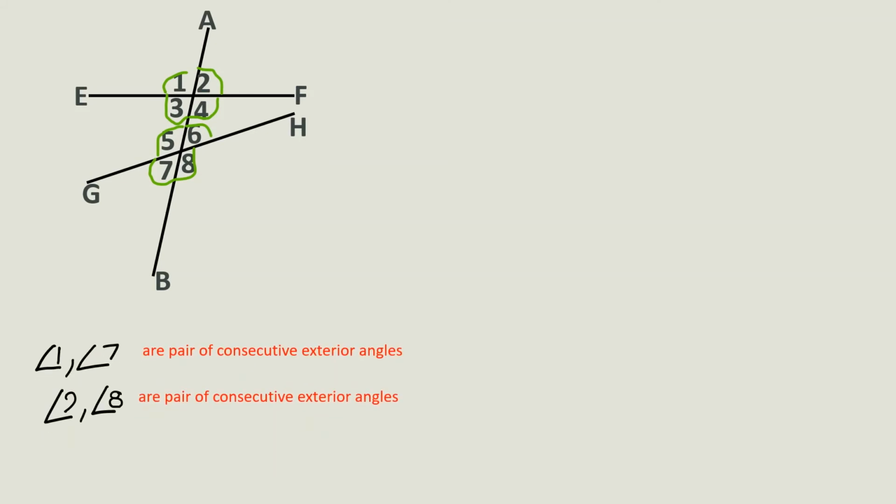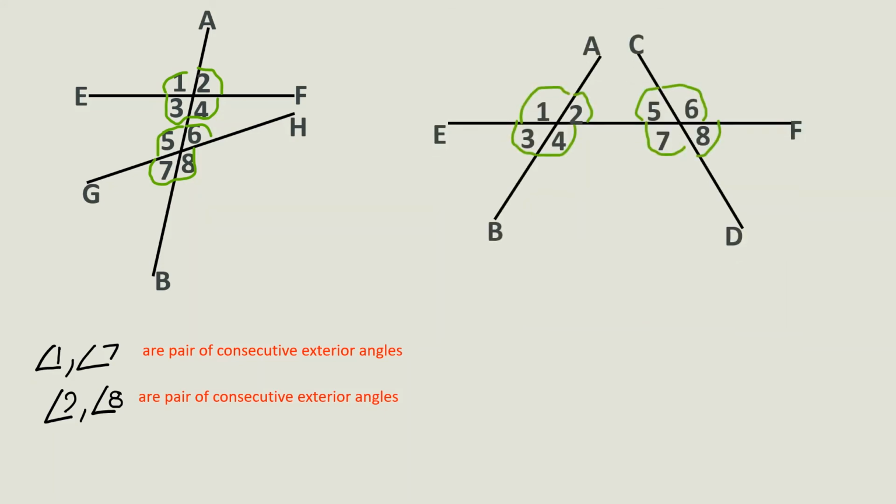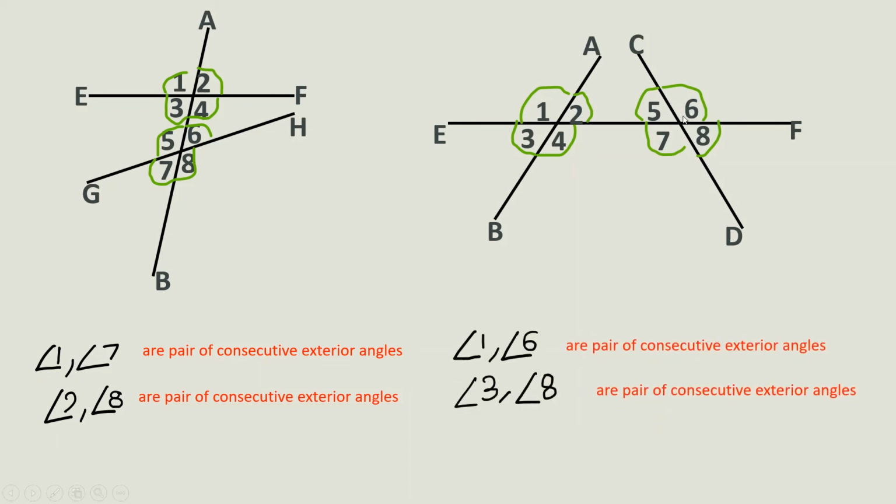Angle 1 and angle 7 are a pair of consecutive exterior angles, and angle 2 and angle 8 are a pair of consecutive exterior angles. And in this figure, 1 and 6 are exterior angles, 3 and 8 are exterior angles. And as you see, even if we add them, they will not always equal 180 degrees.